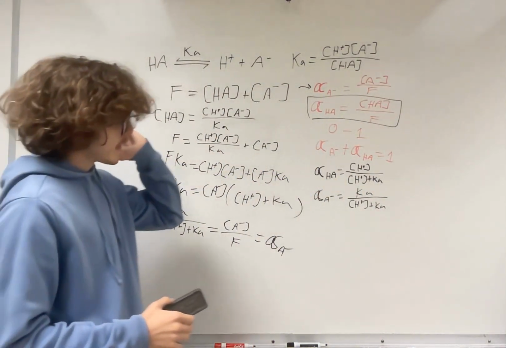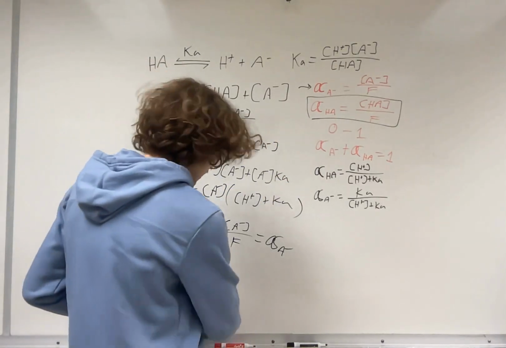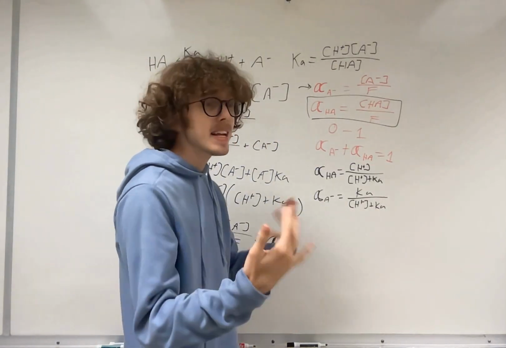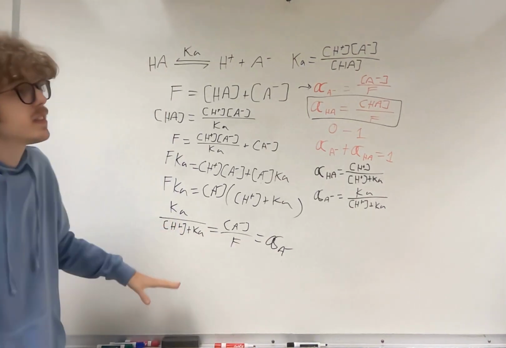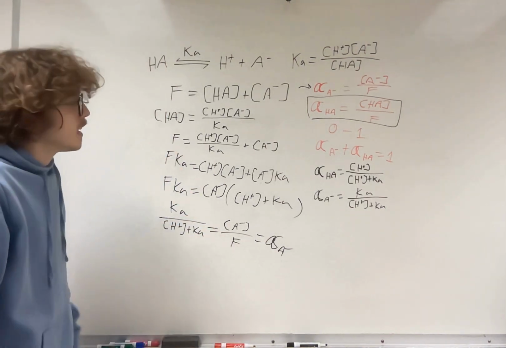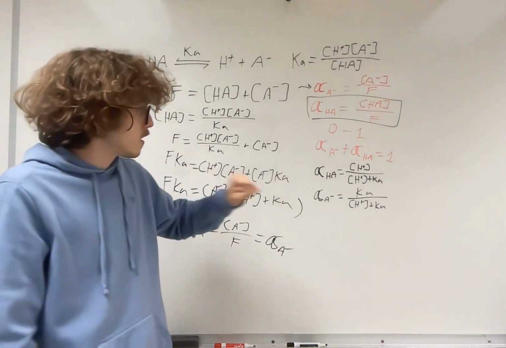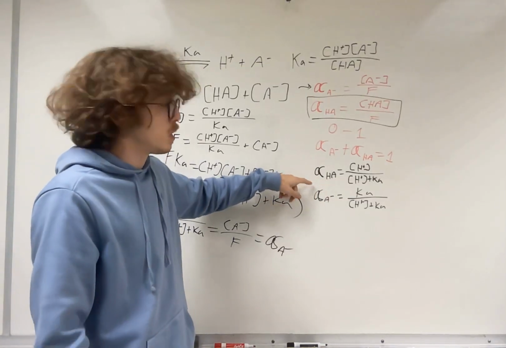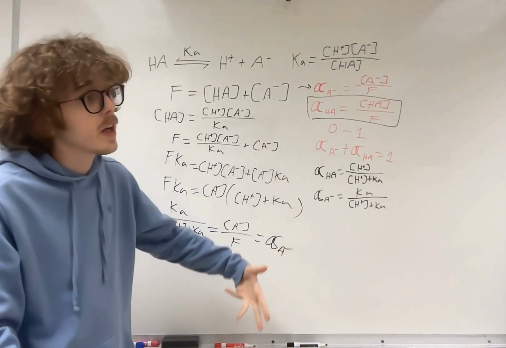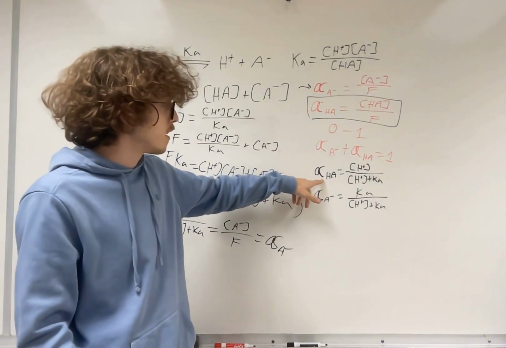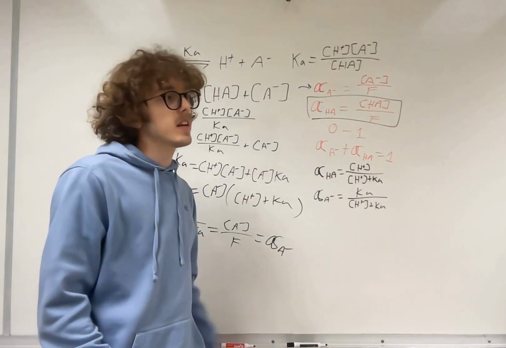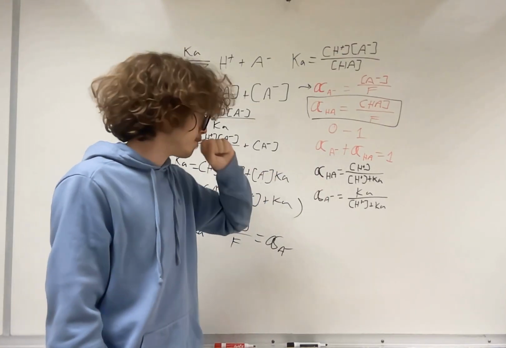So we got two terms. The sum of these will equal 1, and all this tells you is what's the fraction out of 1 that is the undissociated monoprotic acid.